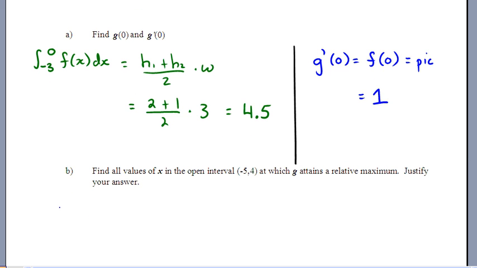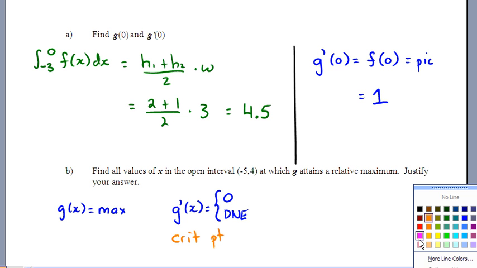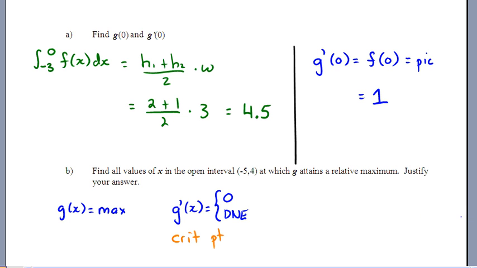Okay, if g of x is going to be a maximum, then based on the first derivative test, that's going to happen if g prime of x is either equal to 0 or does not exist. We're going to have a critical point, right? That'll be important. And not only that, we're going to have to be looking for a place where g prime switches, right? If you want a maximum, then g prime is going to have to make a switch.